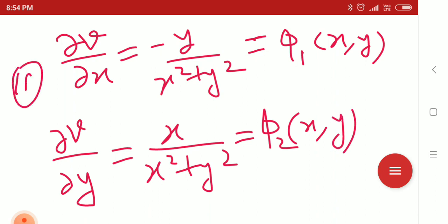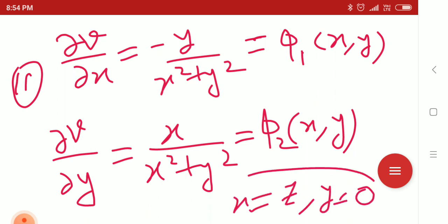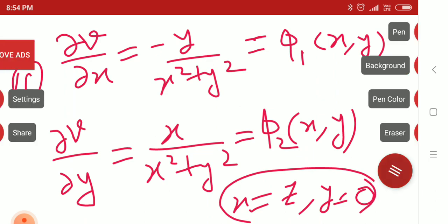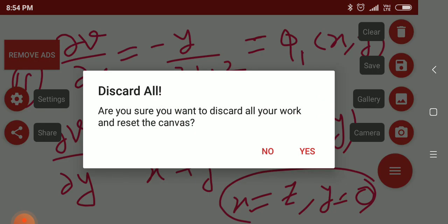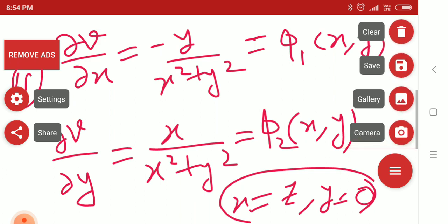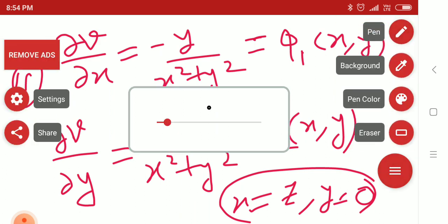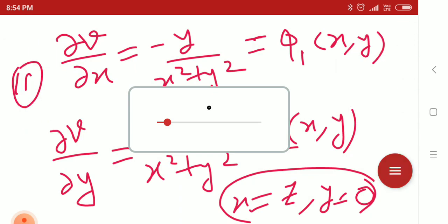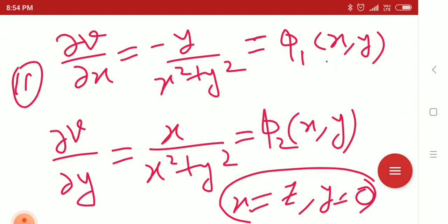After this step, you have to put x equals z, y equals 0. Putting x equals z, y equals 0, phi 1 will be 0, and phi 2 will be z by z square plus 0 square, that means 1 by z.